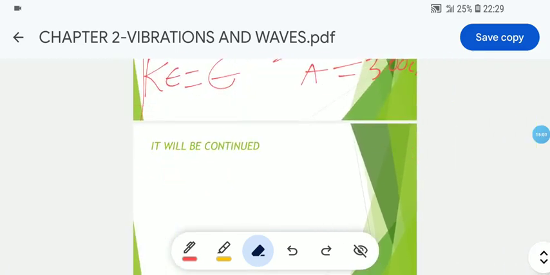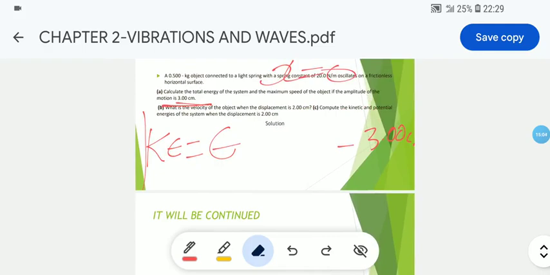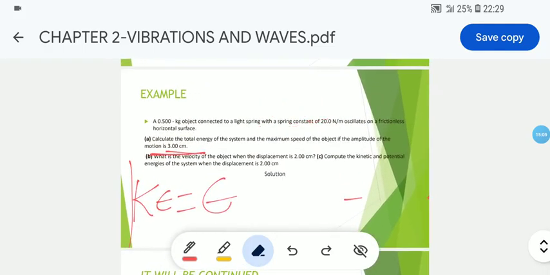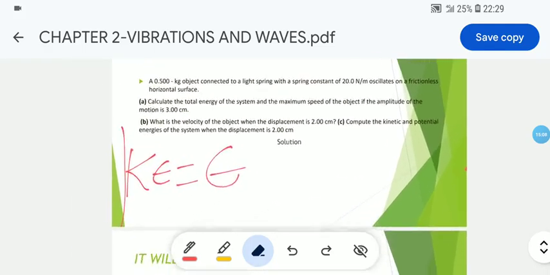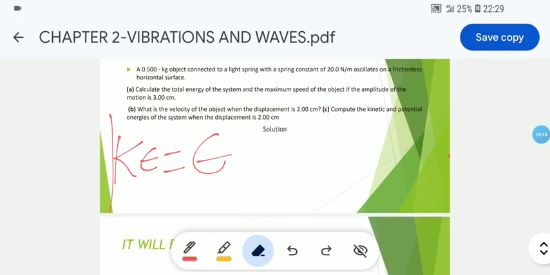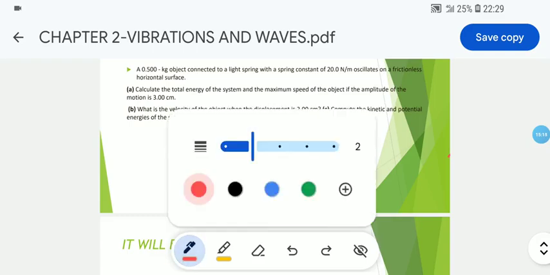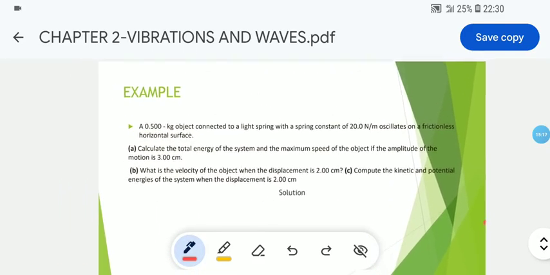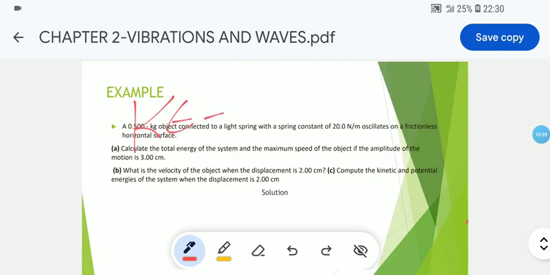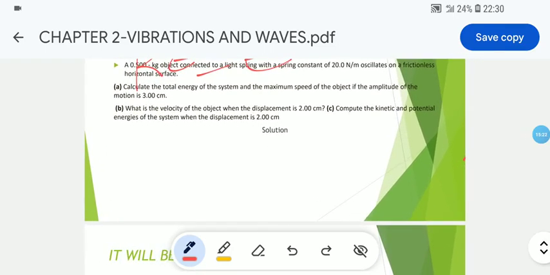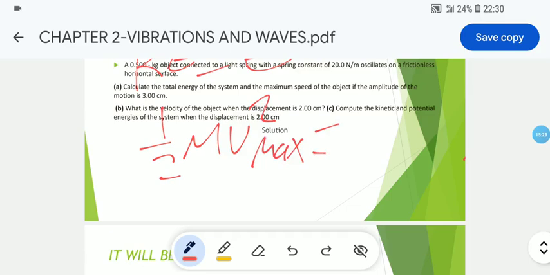Then what about the maximum speed? We just equate these two since we already have the mechanical energy. So kinetic energy is equal to mechanical energy: 1/2 mv squared, this is v max, which we are calling the speed, equals 9.0 times 10 to the power negative 3 joules.